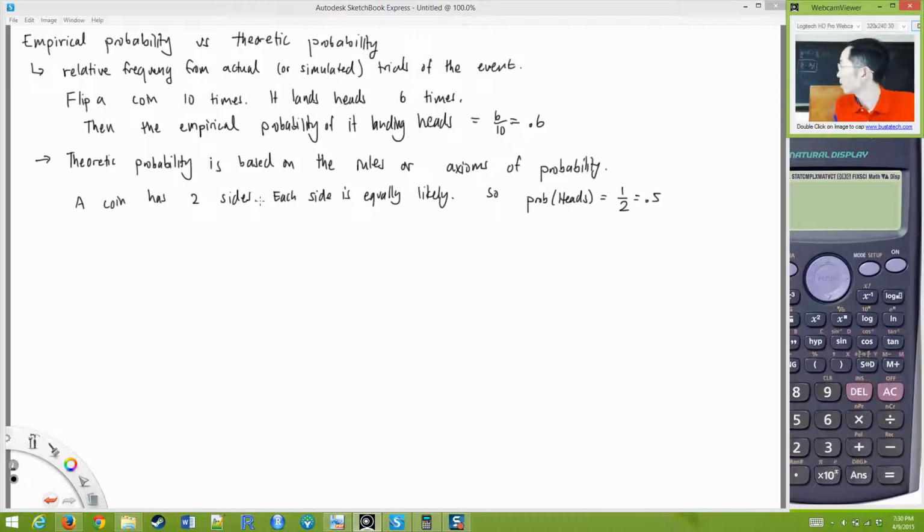Okay, so these are the theoretic probabilities. A coin has two sides.